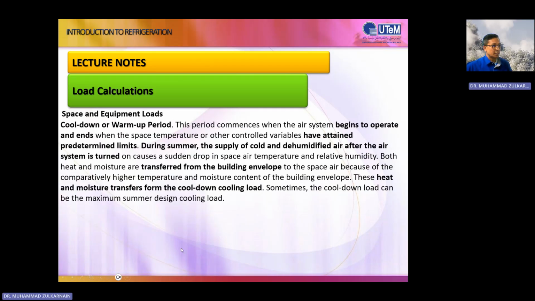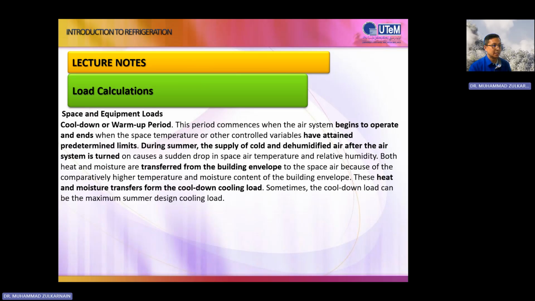Space and equipment load, cool down or warm up period. As I mentioned before, before office hours, the warm up period is already applied in the space. This period commences when the air system begins to operate and ends when the space temperature or other control variables have attained a predetermined limit.